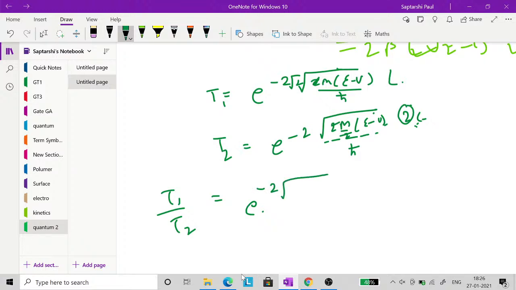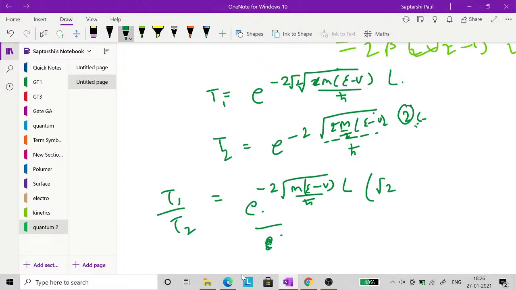Okay, and we can take this part common: m(E minus V) by h cross L, and this will be root 2. And actually this was also minus, right? It is a minus, so when it got above, it became plus.